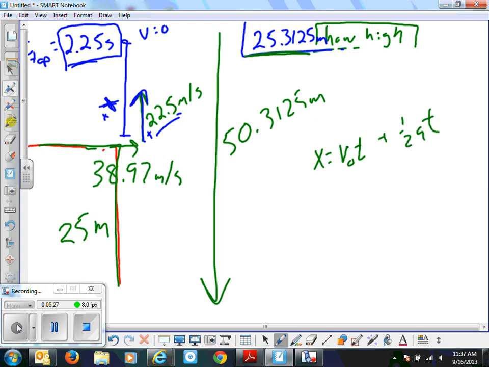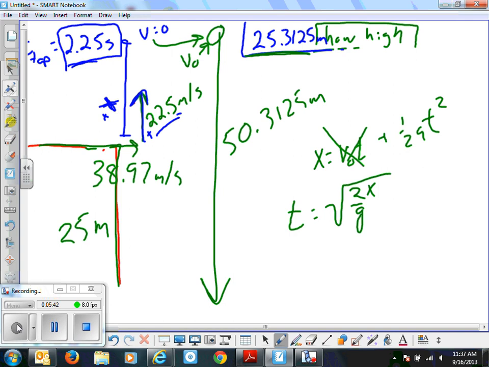And that's because I start up here where my V is 0, and my V sub naught in this case is 0 because I'm starting there. So I X that out, and then I have my time is equal to the square root of 2x over little g. You know, that's just solving for this right over here. Make sure you show all your algebra on that.